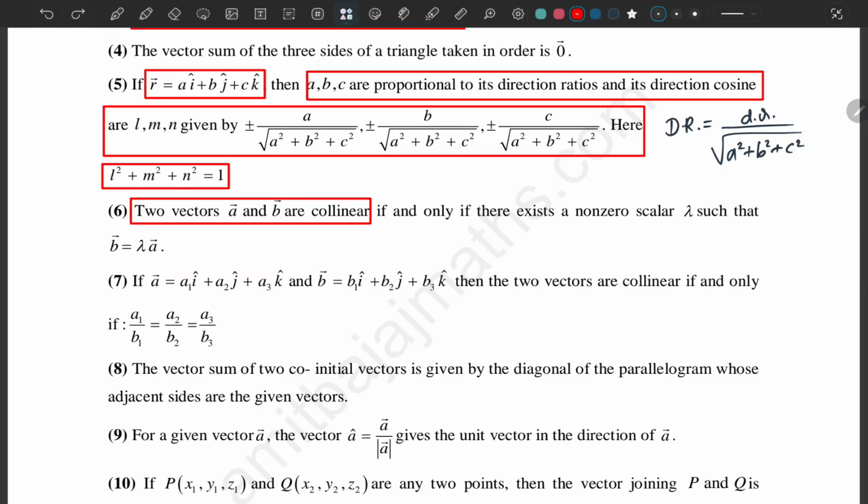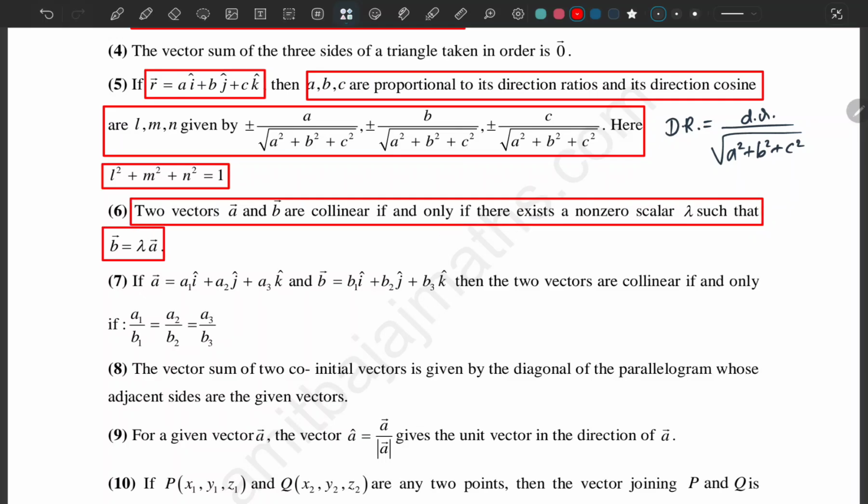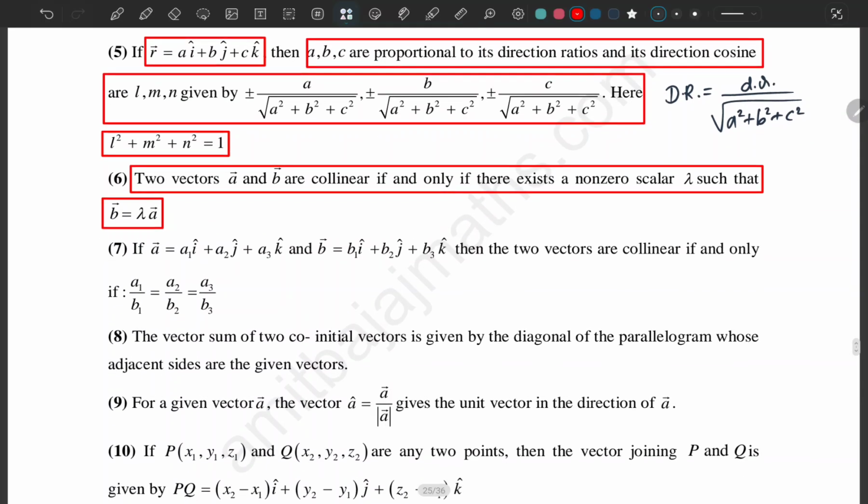Now two vectors a and b are collinear if and only if there exists a non-zero scalar lambda such that b vector equals lambda times a vector. Just remember that, that's very important.